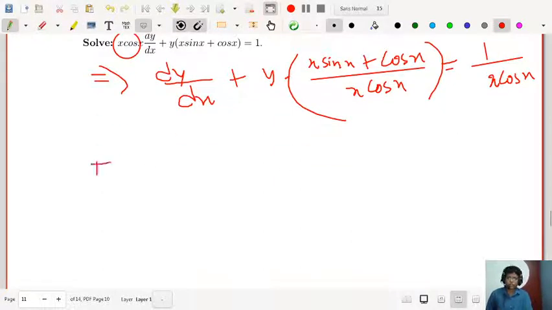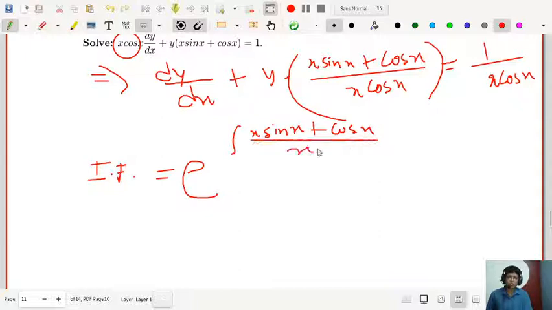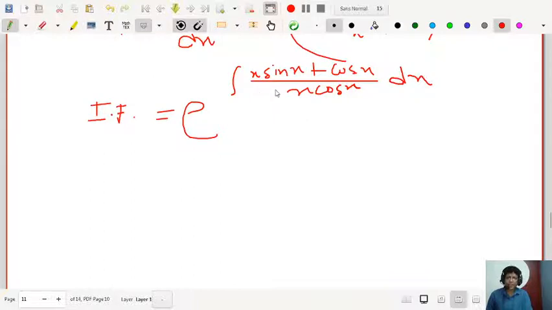P is a function of x and q is a function of x. So your integrating factor will be e to the power integration of (x sin x plus cos x) by x cos x dx. If you split and do the integration, you will get e to the power log x by cos x, and that is nothing but x by cos x.